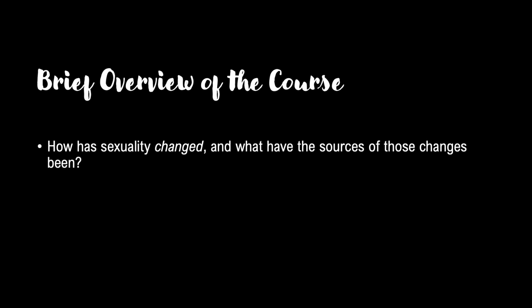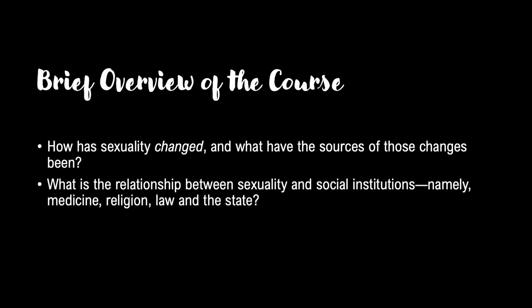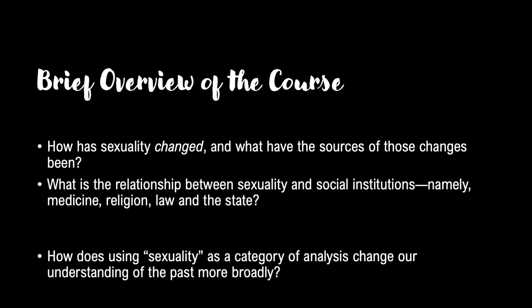Some of the key questions that we're going to pursue together over the course of the next 15 weeks include the following. How has sexuality changed, and what have the sources of those changes been? Specifically, how have different kinds of social institutions like medicine, religion, law, and the state interacted with sexuality in terms of regulating it, in terms of channeling it, in terms of prescribing particular kinds of erotic desires and behaviors for people like us?